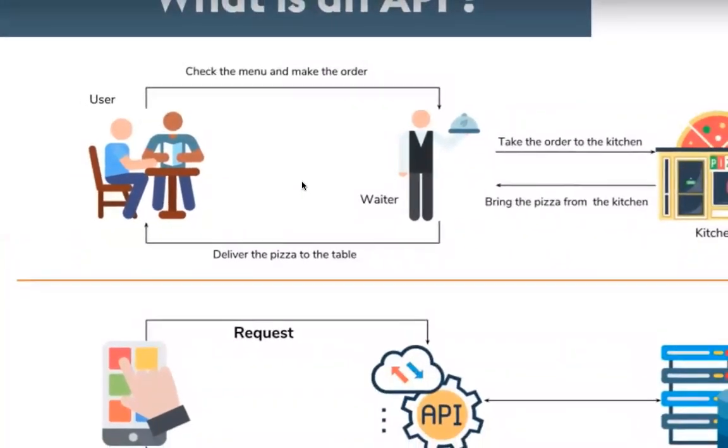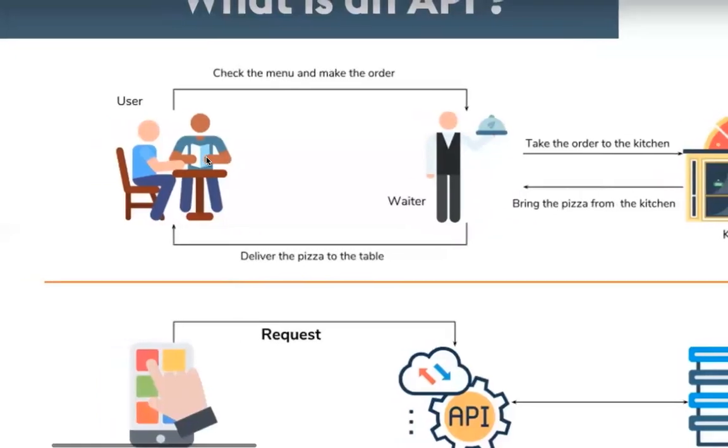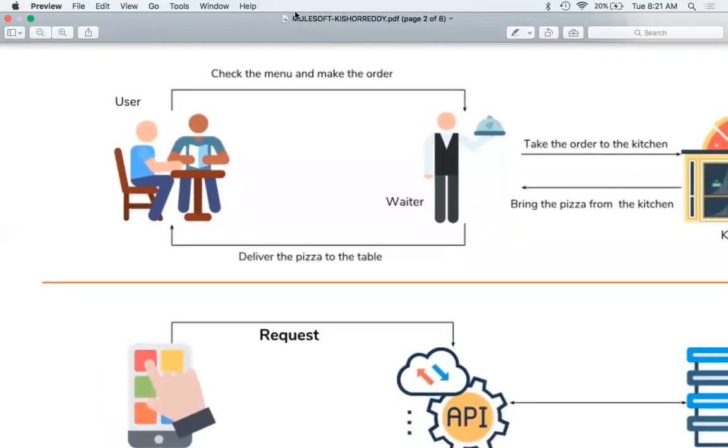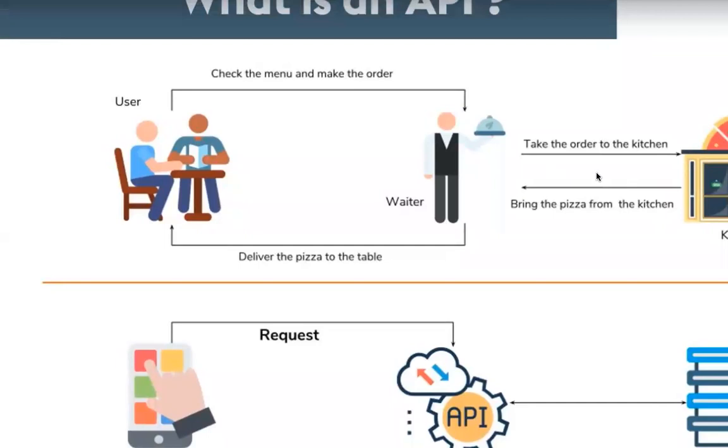Whenever we go to restaurants, the very first thing we do is sit and take the menu. After that, whatever we like, we finalize in this menu. Then the waiter will come to the table and ask, sir, what do you want to order? According to your requirement, your taste and choice, you order something.